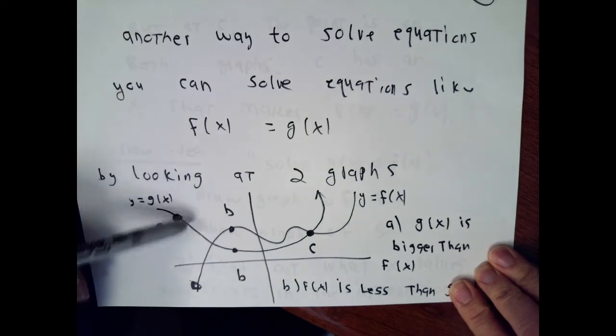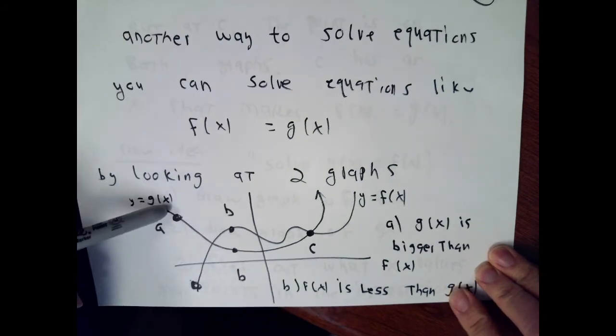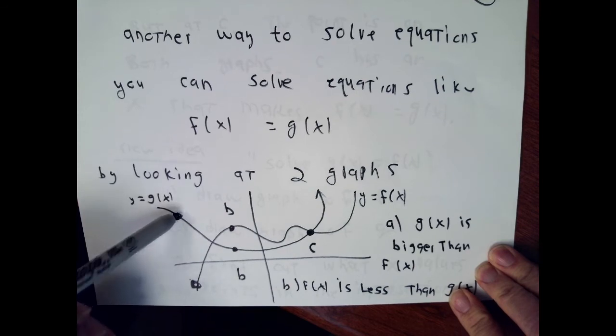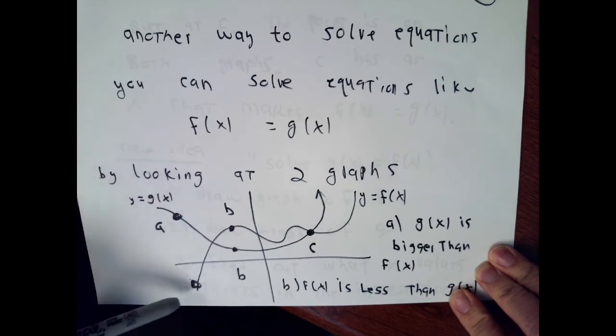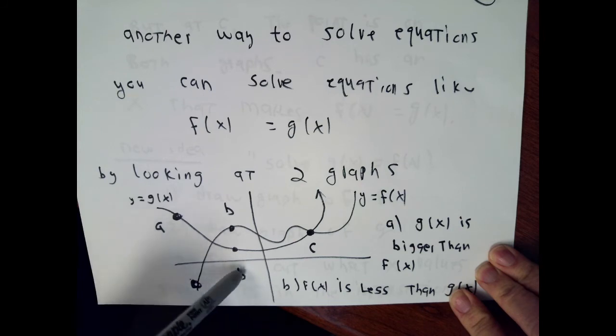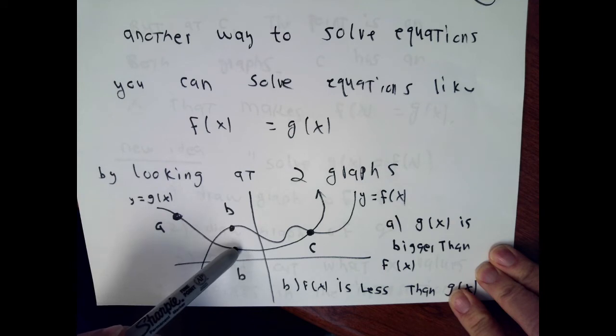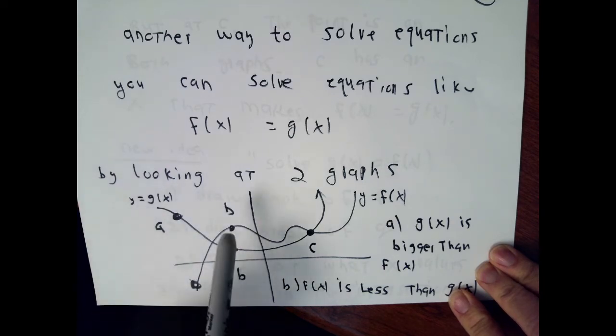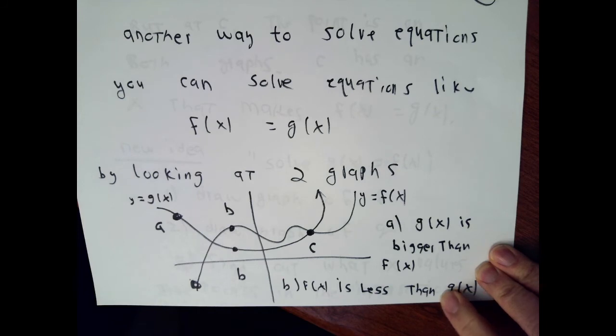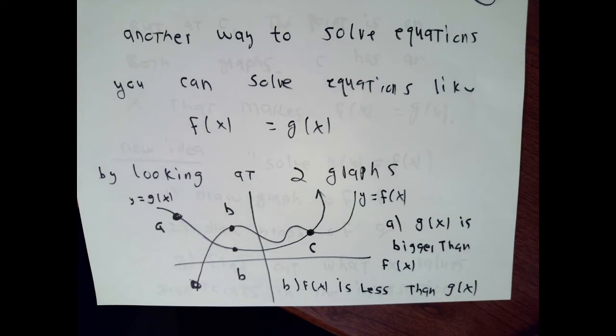If you're sitting here in case A, the g of x is up above the f of x, so they're not equal to each other. If you're in case B, g of x is bigger than f of x, y coordinates now, so you don't get a solution at point B, but at point C, the y coordinate that you get out of f of x and the y coordinate you get out of g of x are the same. At point C, f of x and g of x are going to be the same number.